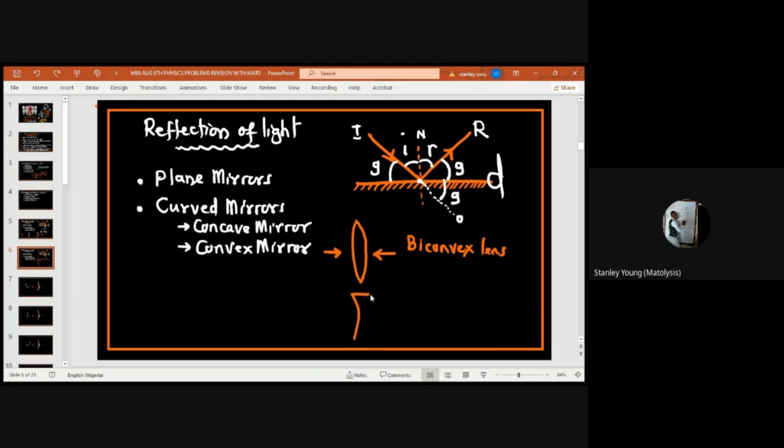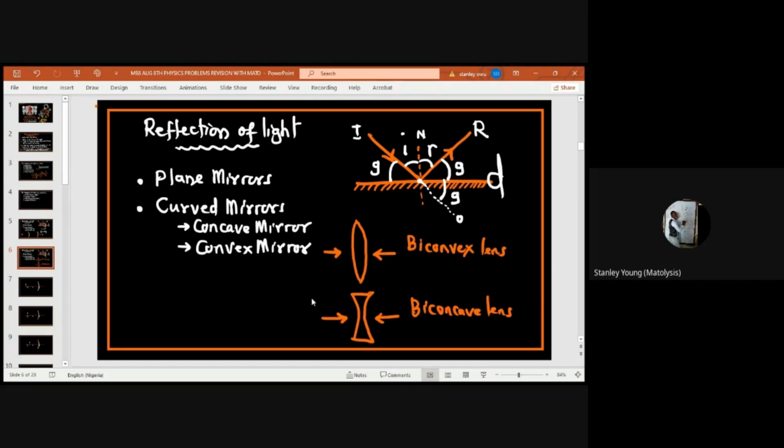Let me draw that properly. If you observe from the left-hand side, you're going to see a hollow. Also, observe from the right-hand side, you see a hollow view. Because both sides are hollow, meaning both sides are concave, we can say this is a biconcave lens.